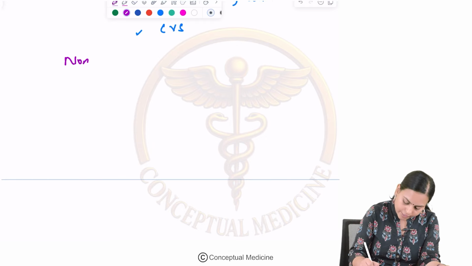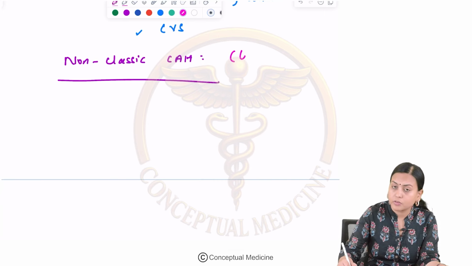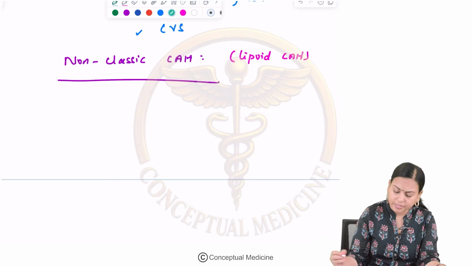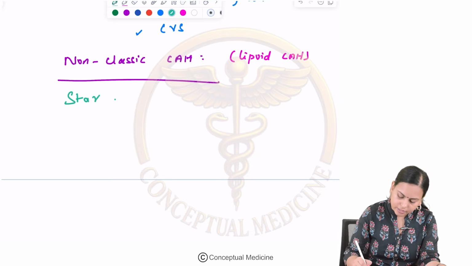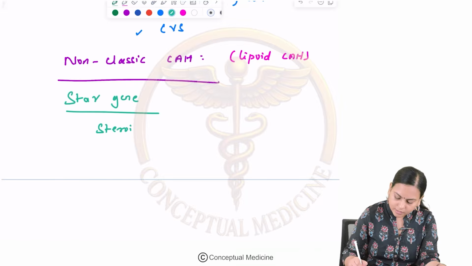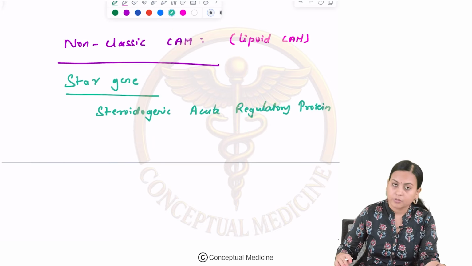Okay. So, non-classic congenital adrenal hyperplasia, this is also known as lipoid congenital adrenal hyperplasia. Here there are mutations in the StAR gene. Okay. StAR gene is nothing but steroidogenic acute regulatory protein. Okay.